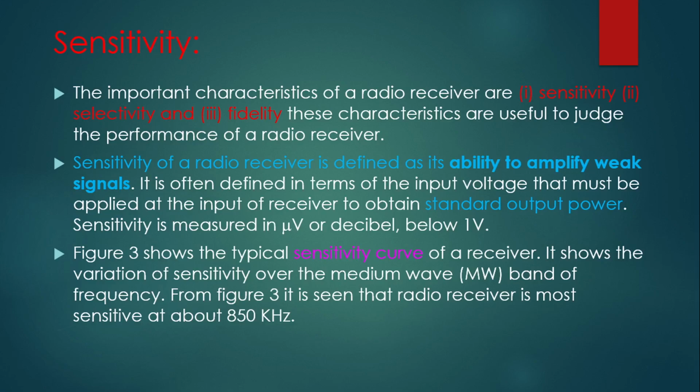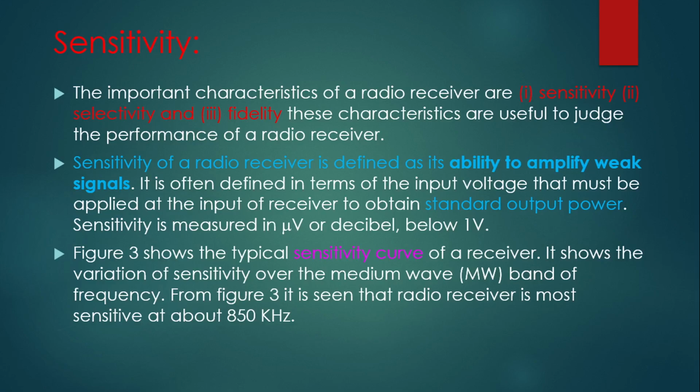Short wave is for greater than 1600 kilohertz, and below 1600 kilohertz, 500 to 1600 kilohertz, it is medium wave. So for medium wave we have plotted, and let us look at this sensitivity curve. As I have told you, this is the sensitivity curve plotted for the medium wave frequencies, and you will find that the frequencies along the x-axis are in between 1600 to 1400 kilohertz.